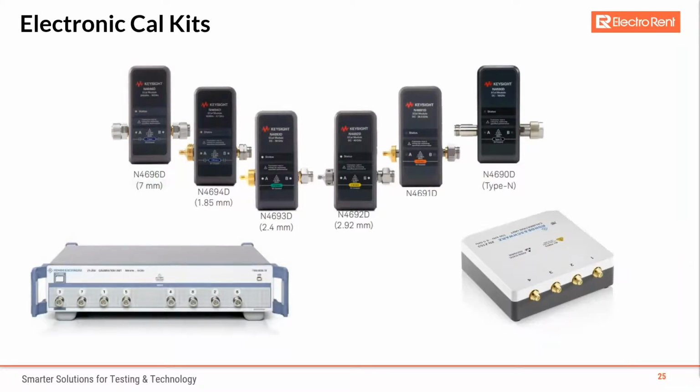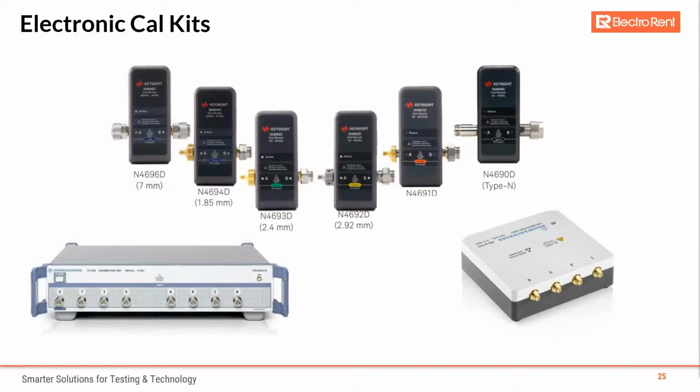Electronic cal kits offer the most convenient way of calibrating a VNA, often called eCal, PowerCal, or AutoCal kits. These typically cost more than a mechanical cal kit. Depending on the OEM VNA that you are using, you can use the available cal kit from that OEM. As with previously mentioned cal kits, the cal table standards also are required to be pre-installed in the VNA before proceeding to use an eCal kit.